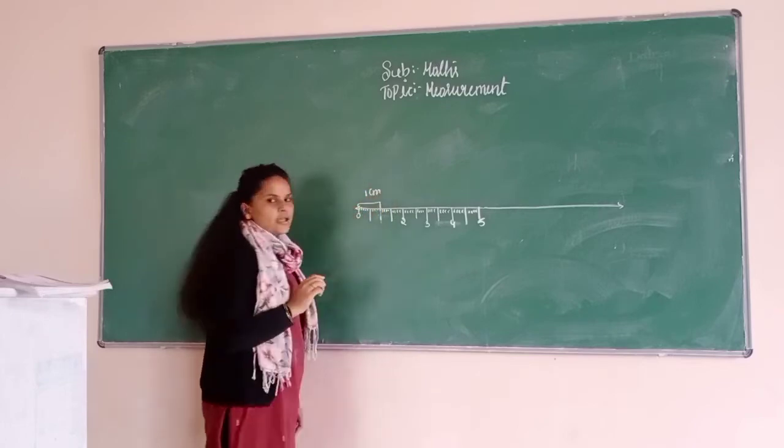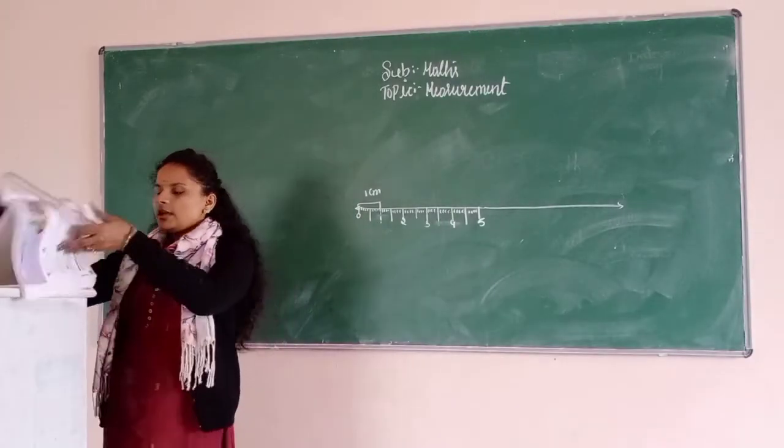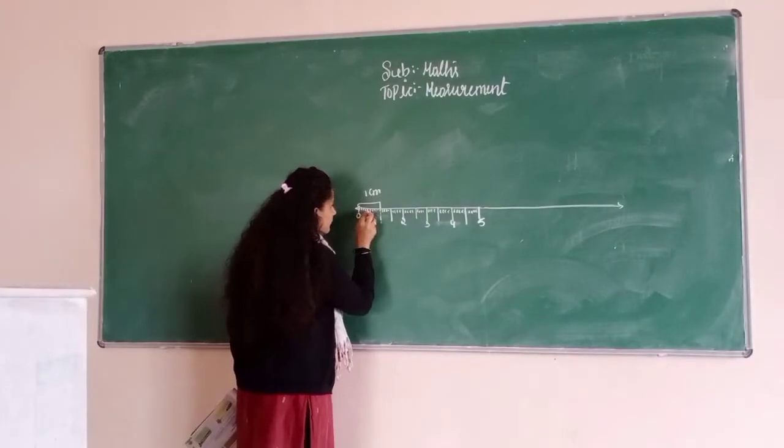Between 0 to 1 the centimeter is parted. How many equal parts have we done? 10 equal parts. Here 1, 2, 3, 4, 5, 6, 7, 8, 9, 10.